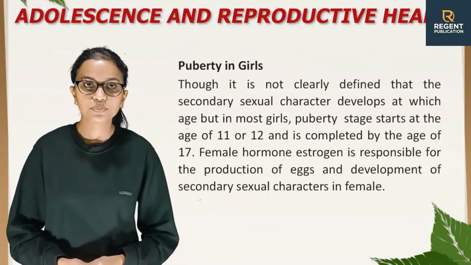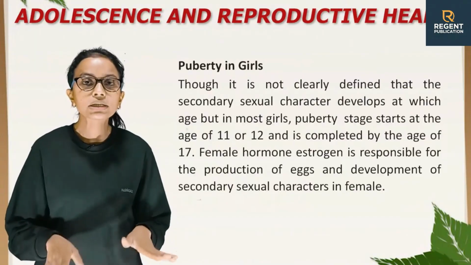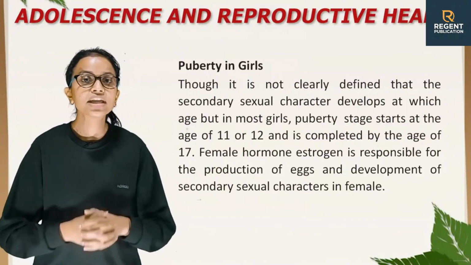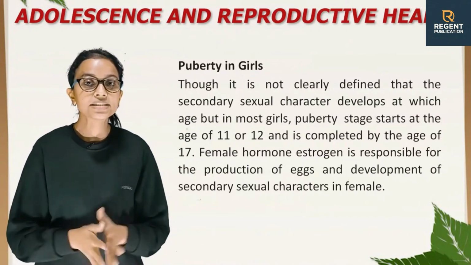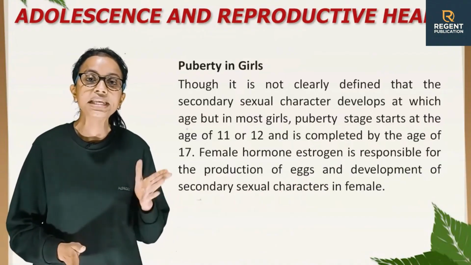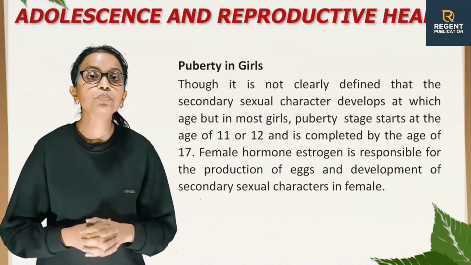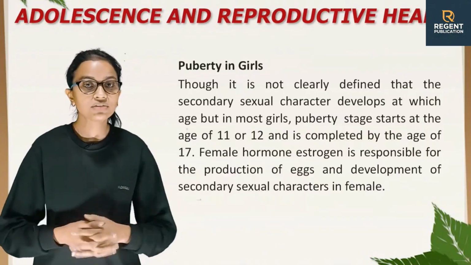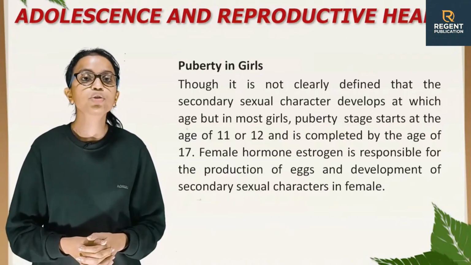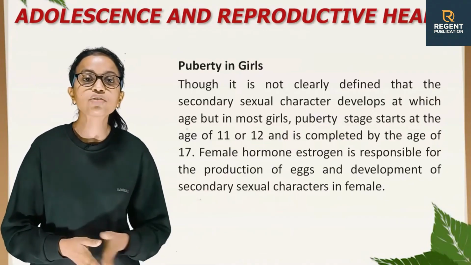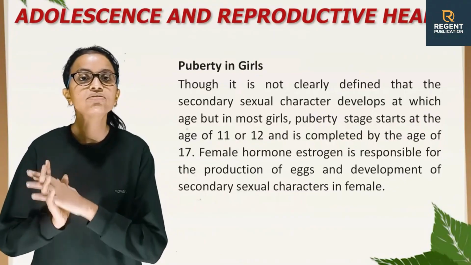Puberty in girls. Though it is not clearly defined at which age the secondary sexual characters develop, in most girls the puberty stage starts at the age of 11 or 12 and is completed by the age of 17. The female hormone estrogen is responsible for the production of eggs and development of secondary sexual characters in females.